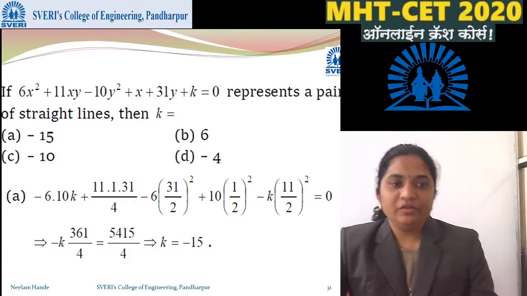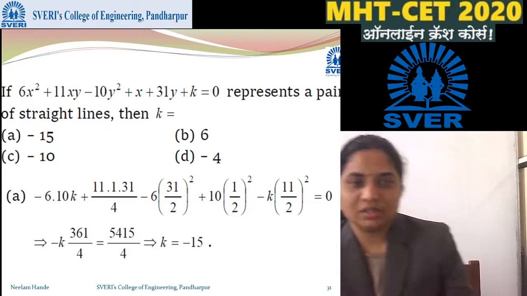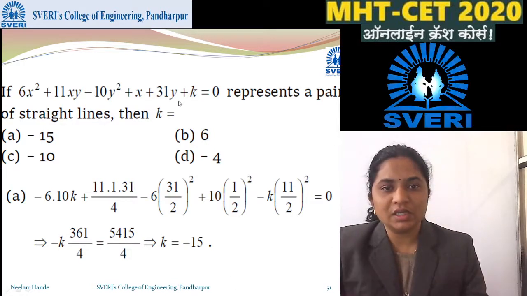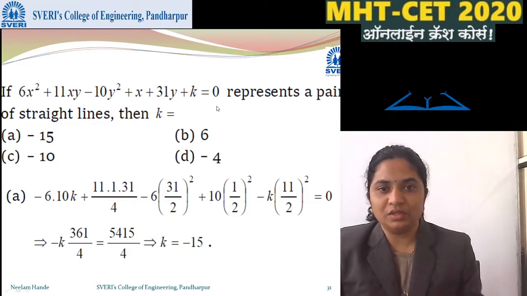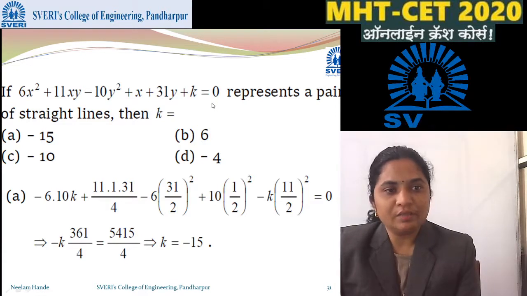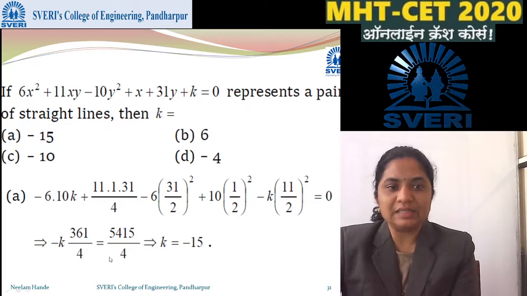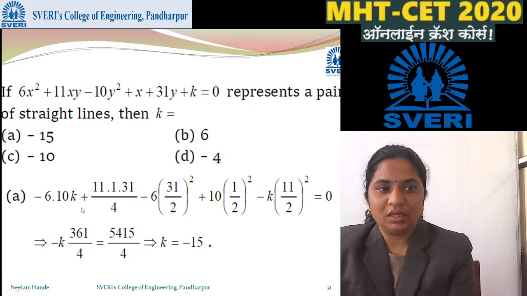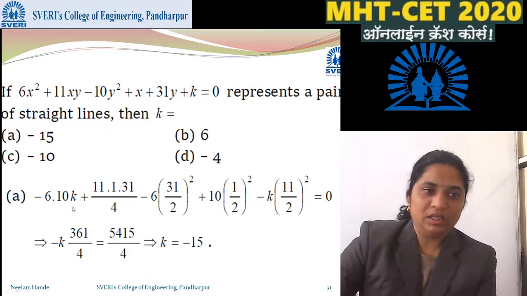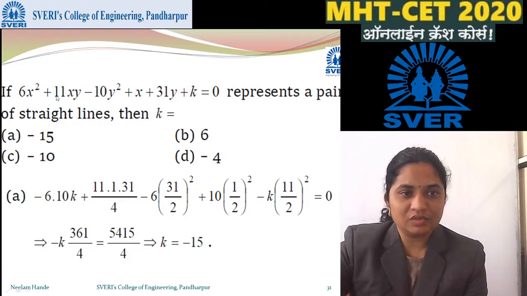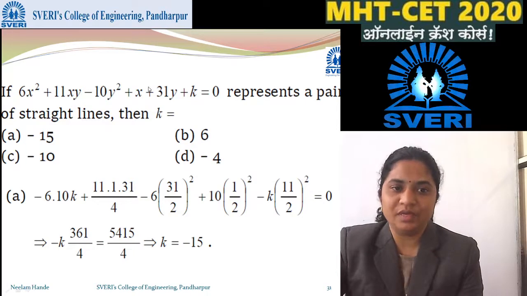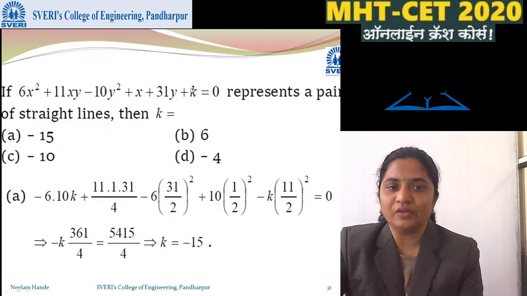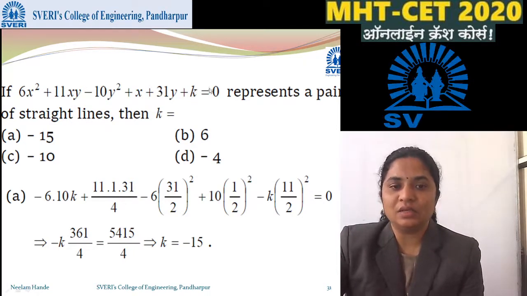Next, if 6x square plus 11xy minus 10y square plus x plus 31y plus k equal to 0 represents a pair of straight lines, then k is equal to what? Again the equation is of the standard form ax square plus 2hxy plus by square plus 2gx plus 2fy plus c equal to 0.